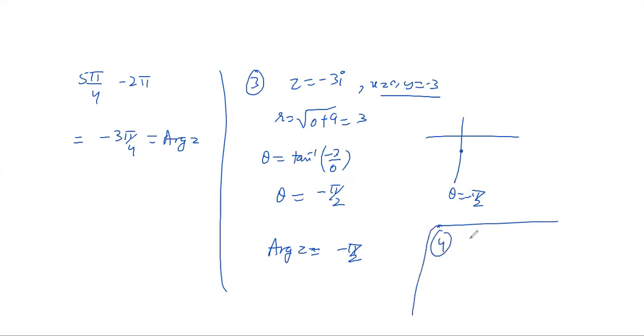Another example, -√3 plus i. The R value is easy to find: 3 plus 1, so R is 2. And theta is tan inverse of 1 by -√3.